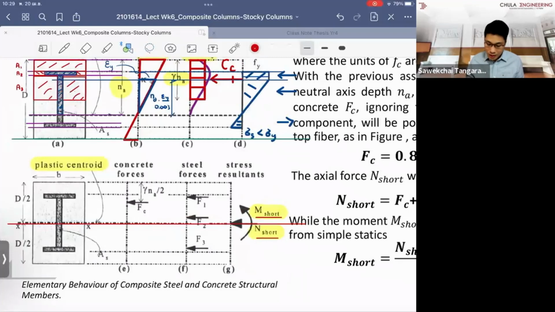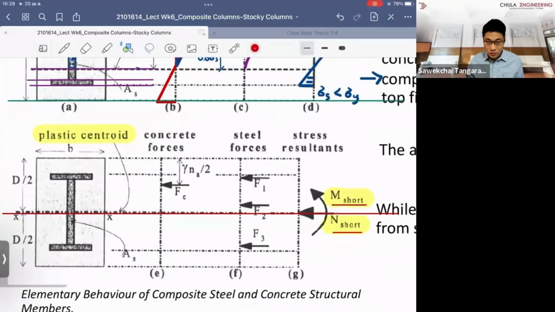We always refer to the plastic centroid. The axial force has to go to the plastic centroid. When there is a moment, we say that there is an eccentricity. The eccentricity is the distance from the plastic centroid. And if you have a symmetric cross section, the plastic centroid will sit in the center of the depth. Okay.